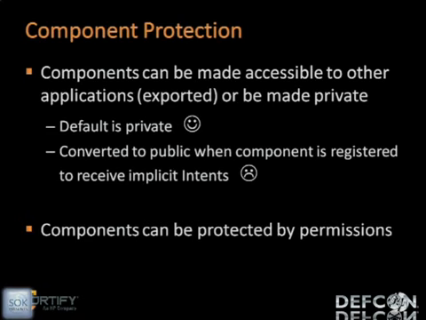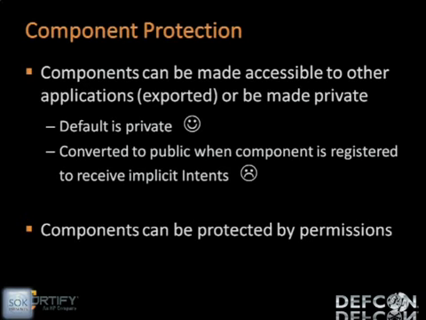So the good news is that by default, when you declare components, they're set to being private. However, when a component is registered to receive an action, so it's registered to receive implicit intents, this component is automatically changed to being a public component. And this can be pretty dangerous because it's not something that the developer is explicitly setting, just the status is changing from private to public.